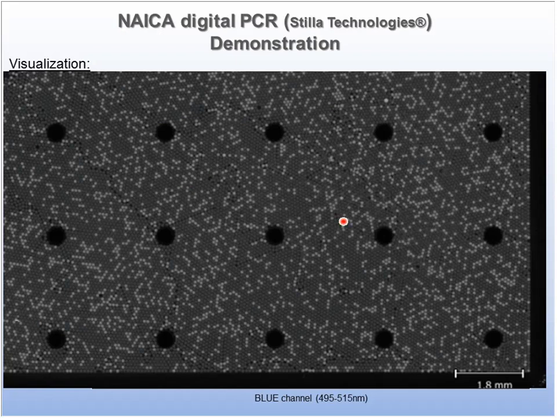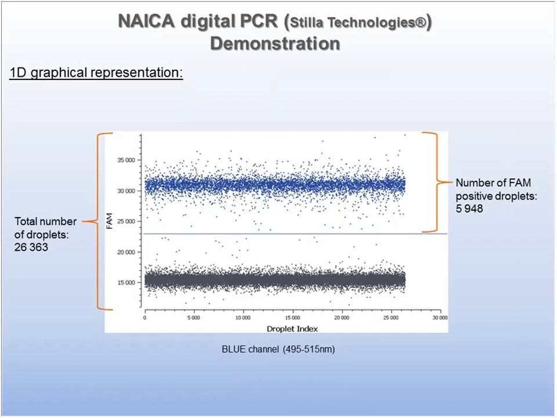As you see, the distribution of droplets is here pretty good. And thanks to this representation, it is possible to check the global quality of the results, and particularly to exclude some events that I will show you after.